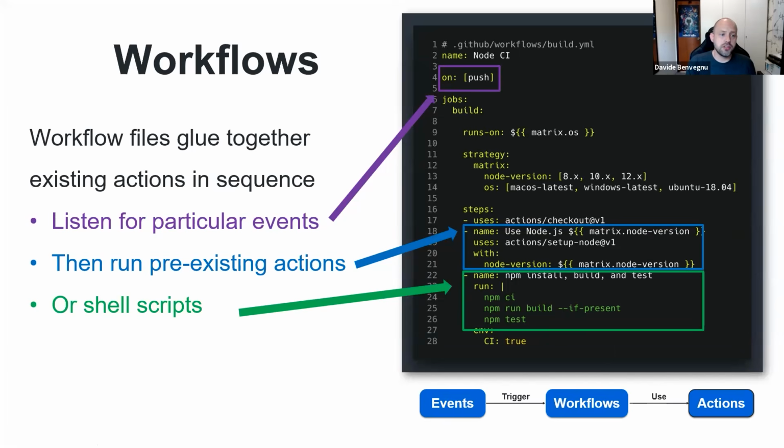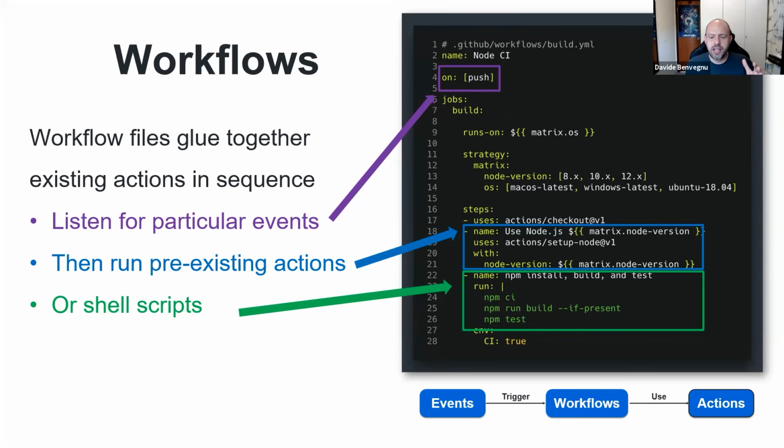Still talking about the workflows, once again, first thing we have is the events, and this should be in sequence. So you always have to put the events or the triggers as a first thing in the workflow, and then you have a list of steps, which basically are the actions we can run.